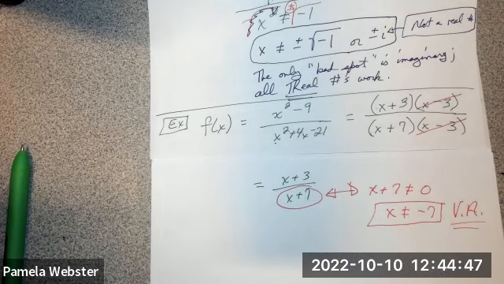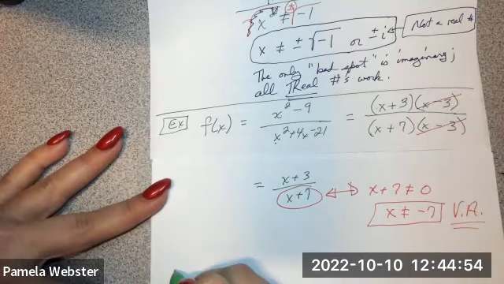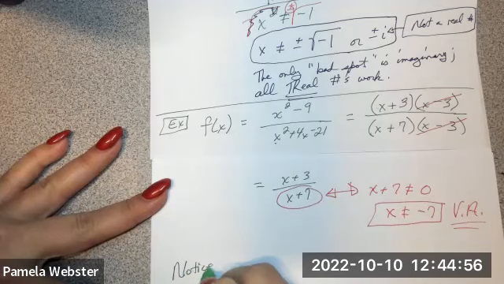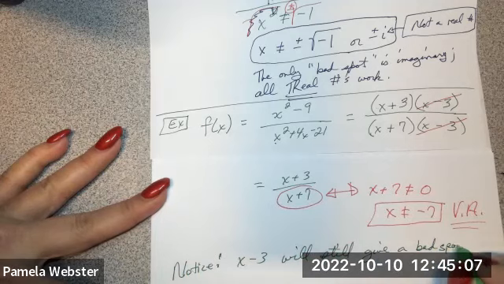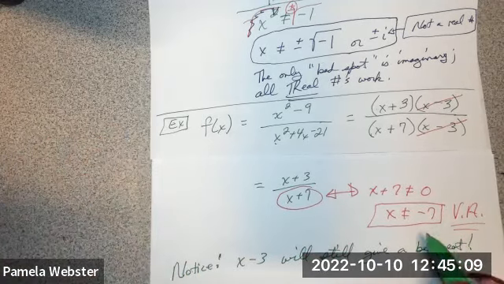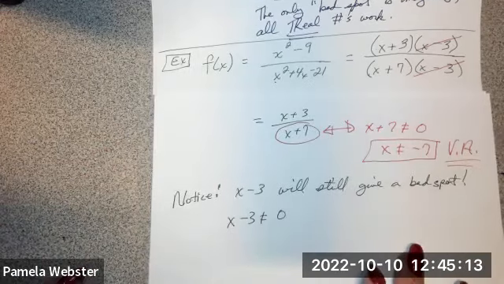By the way, that's what we already talked about, but we still need to deal with this x minus 3 guy, because notice, x minus 3 will still give us a bad spot. In other words, x minus 3 can't equal 0, right?